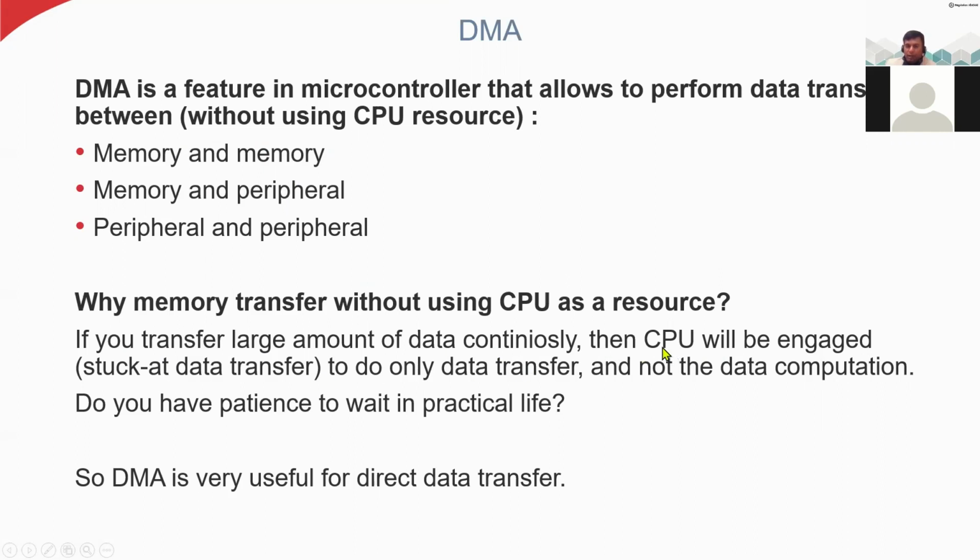So the CPU will be very busy only handling this large amount of data transfer, but it will not focus on the data computation. But the main purpose of using the CPU is that the CPU should handle the data computation.